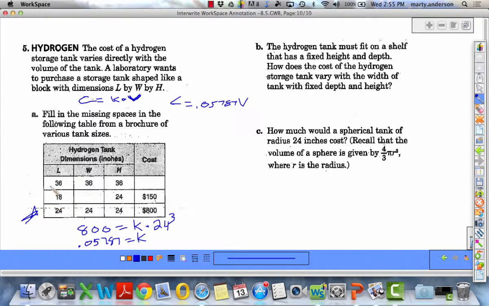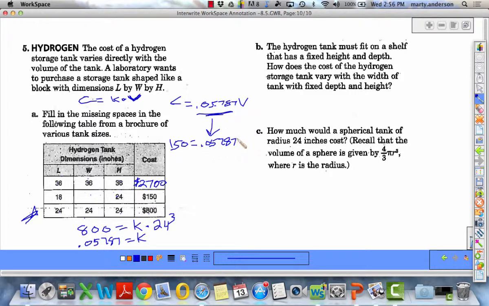So for the top one, I can do 36 cubed times this constant of proportionality, because here's the volume, length times width times height. When I do 36 cubed and multiply it by this constant, I get 2,700 bucks. And then I take 150 and set it equal to my constant of proportionality, also known as the constant of variation, times 18 times W times 24.